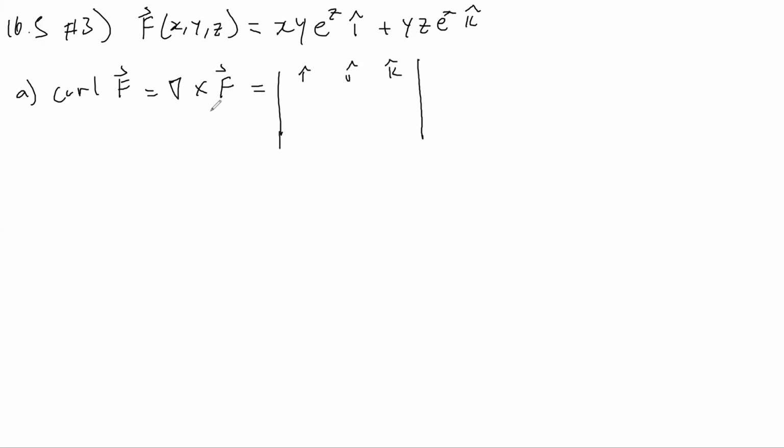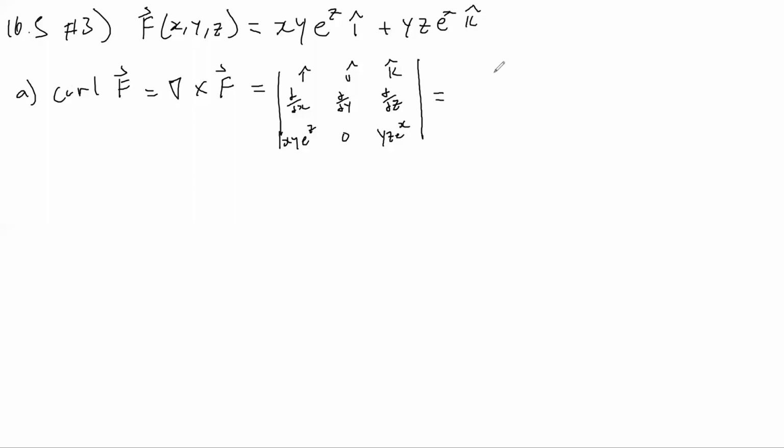The first vector is just the operator: the partial derivative with respect to x, partial derivative with respect to y, and finally partial derivative with respect to z. For the second vector, we have xy e to the power of z, 0, and yz e to the power of x.